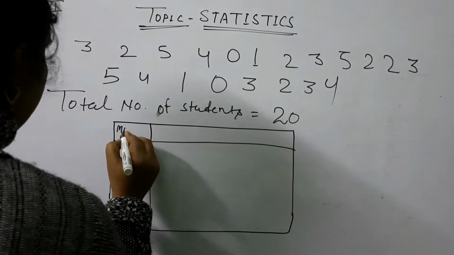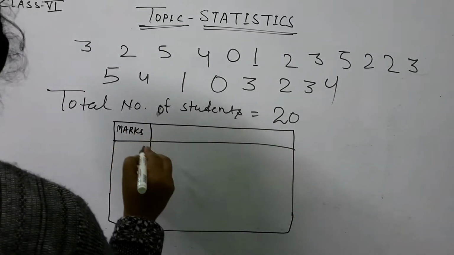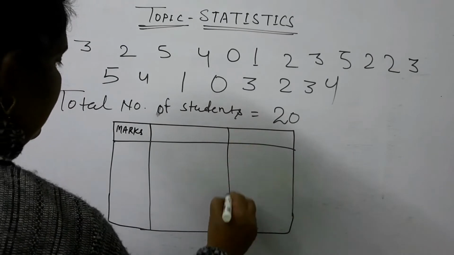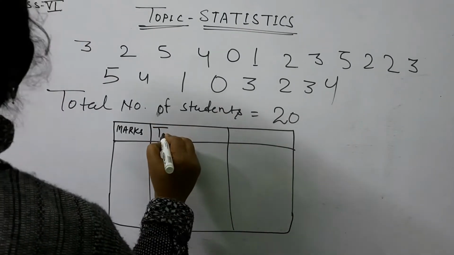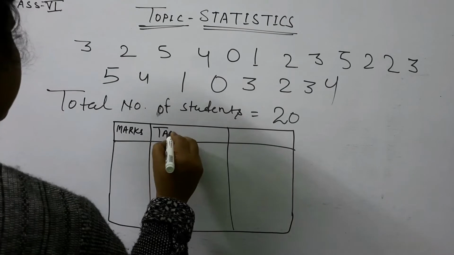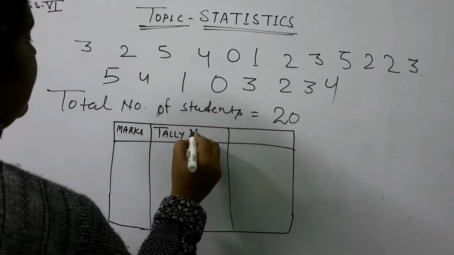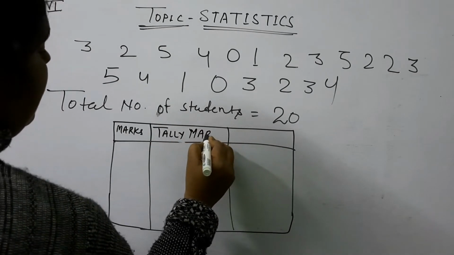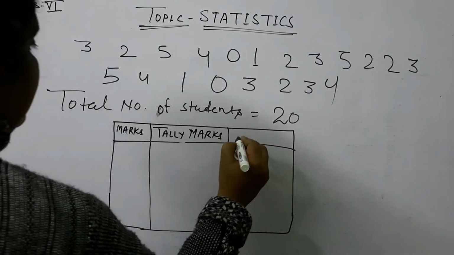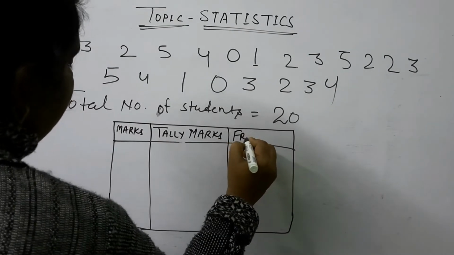In the second box, we have to draw the tally marks. Marks should be in numbers. We have to write marks, tally marks, and here we have to write the frequency.